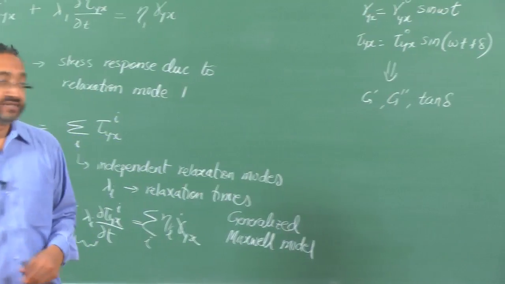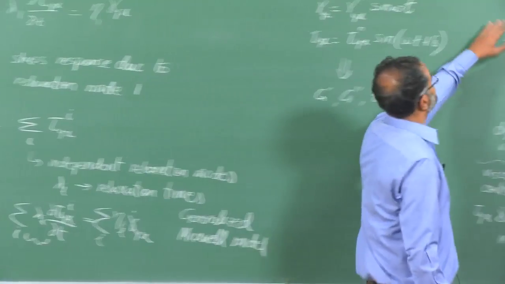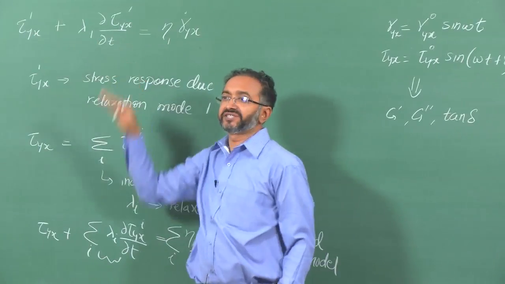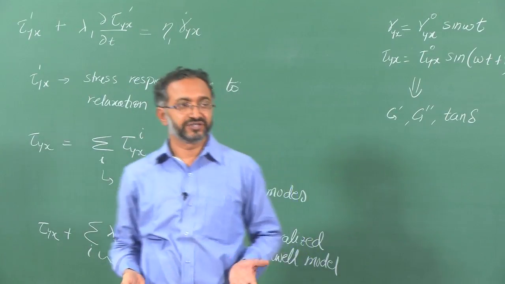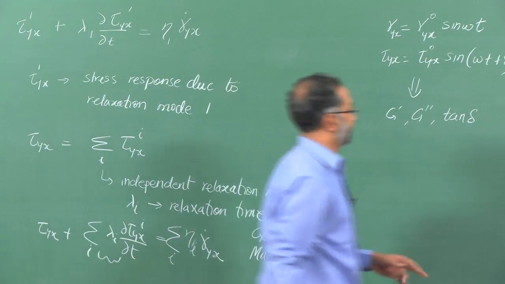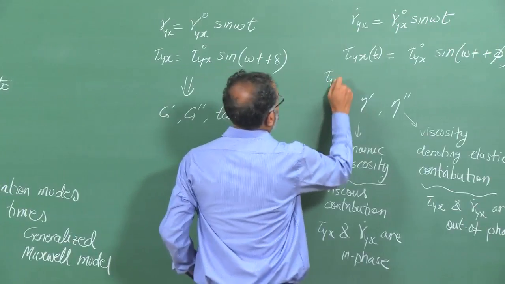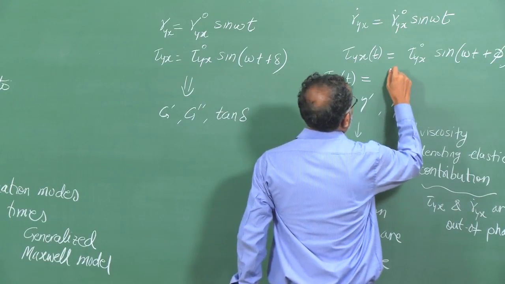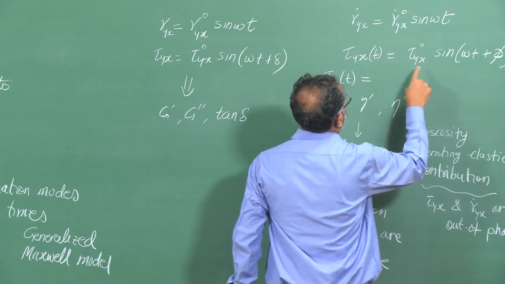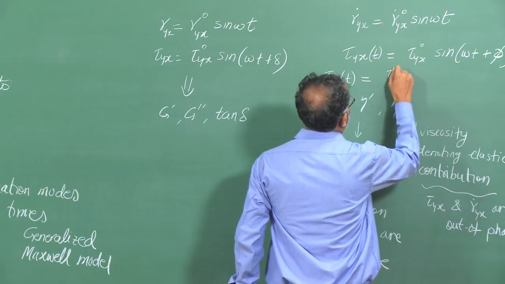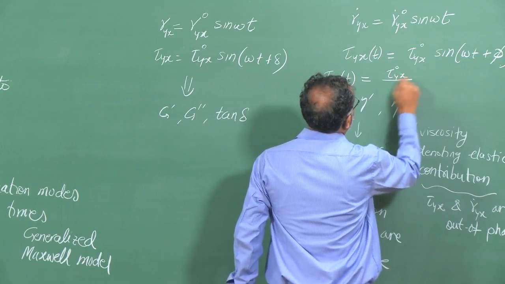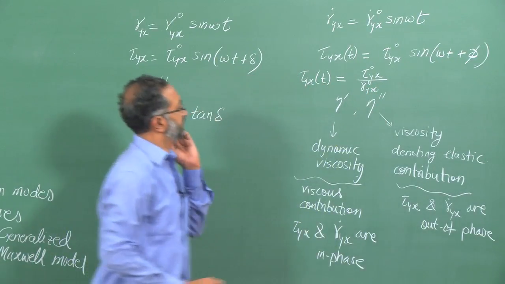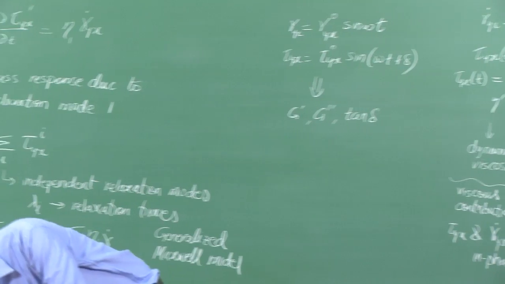And so we can substitute this particular condition in the Maxwell model, and again we will get an ordinary differential equation and we can solve for the stress response. We can write the overall stress in terms of the amplitude tau yx divided by gamma dot naught yx.